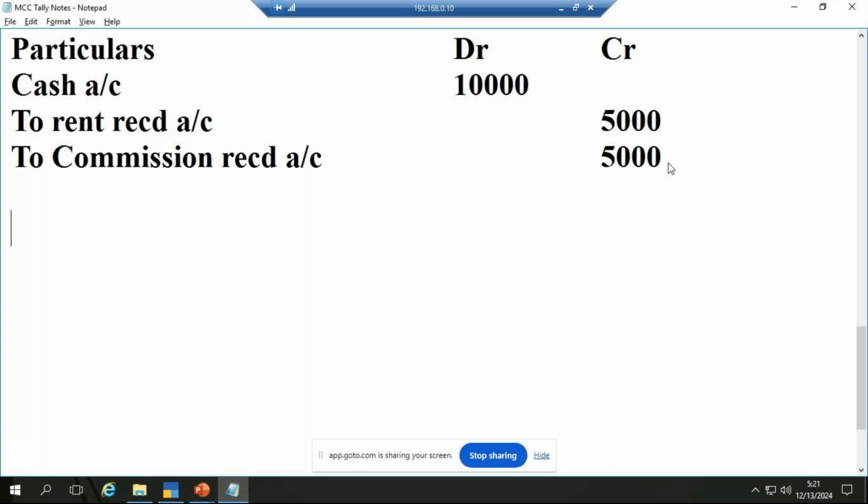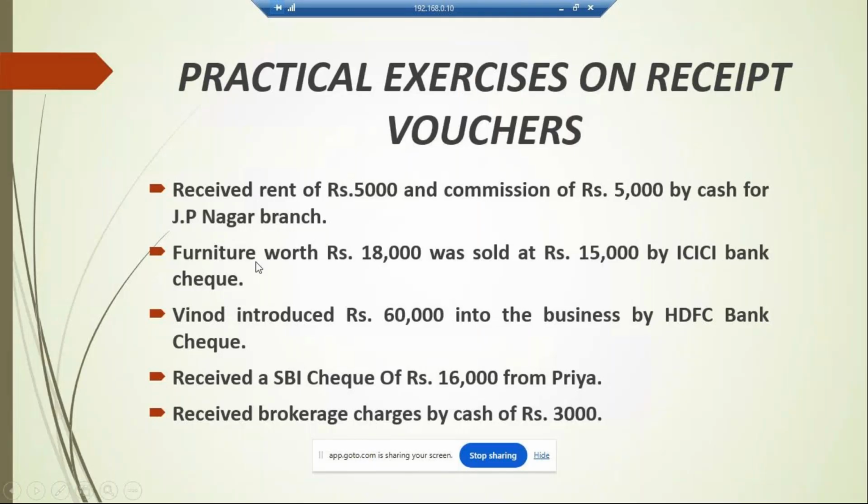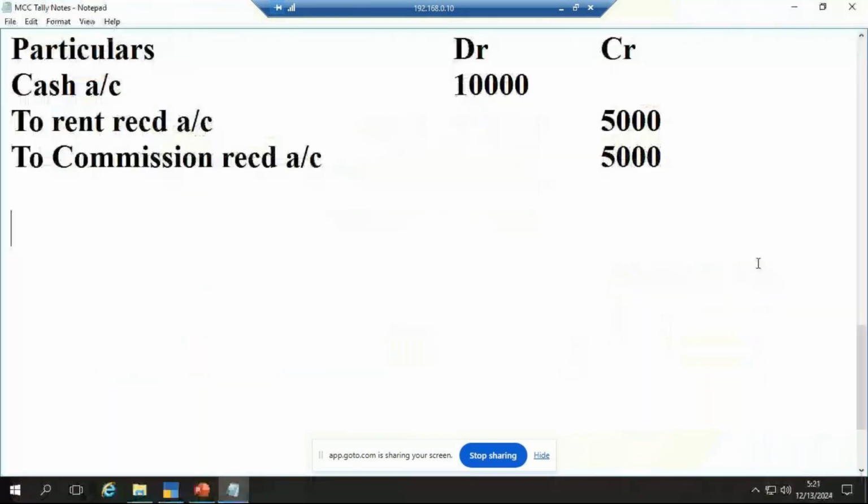So, second transaction. Furniture worth rupees 18,000 was sold at 15,000 by issuing an ICICI Bank check. So ICICI Bank account debit 15,000.